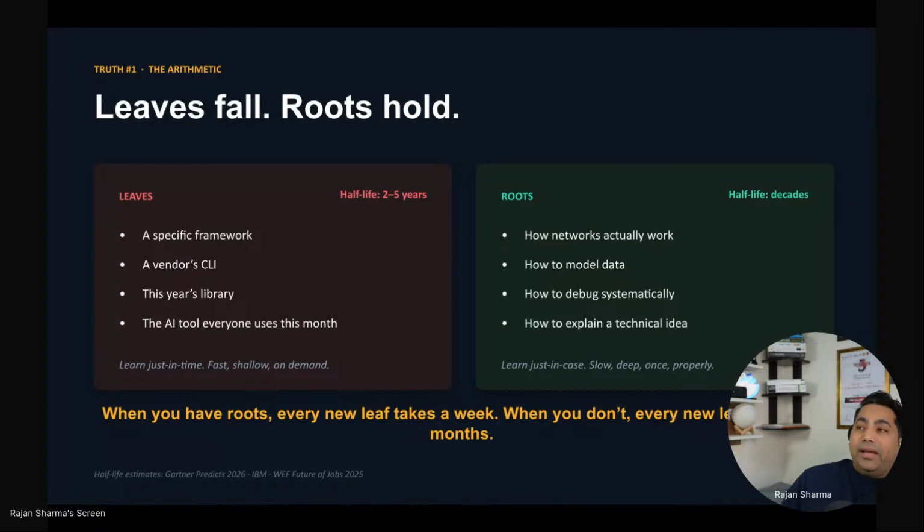Because if you don't have roots, every new leaf should take a week, but it becomes a 6-month project, because you have to grow the tree to understand the leaf. So if you really want to understand it, you have to be very specific about how you understand the roots.